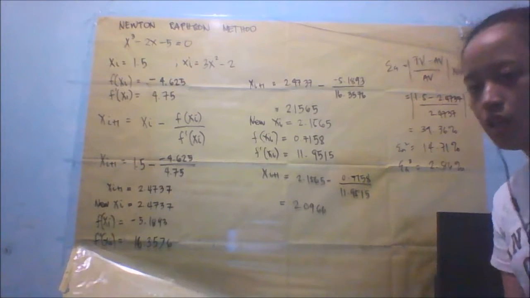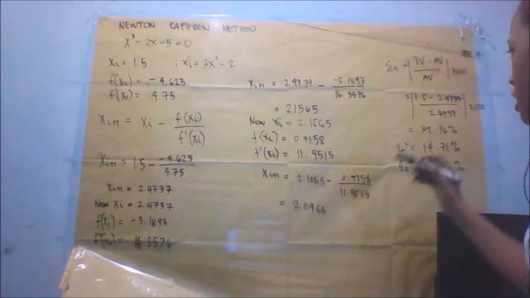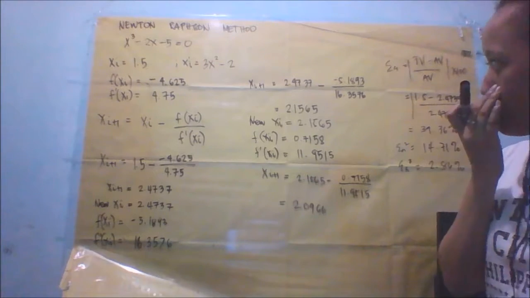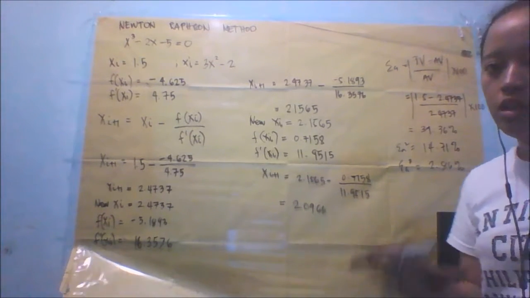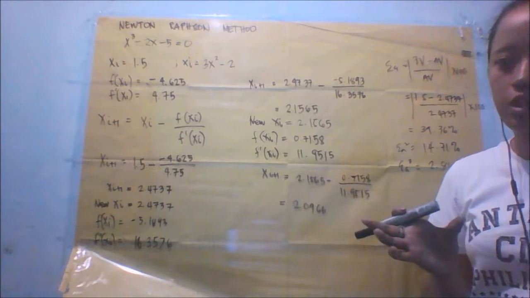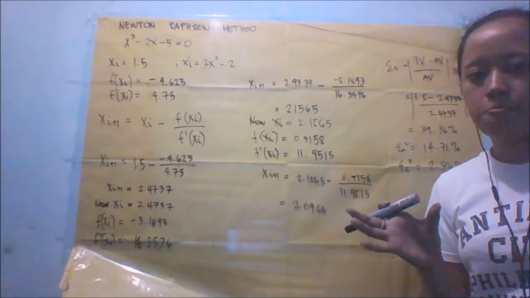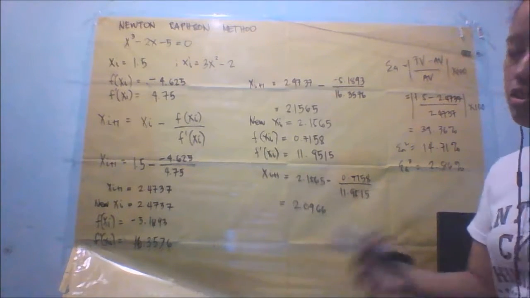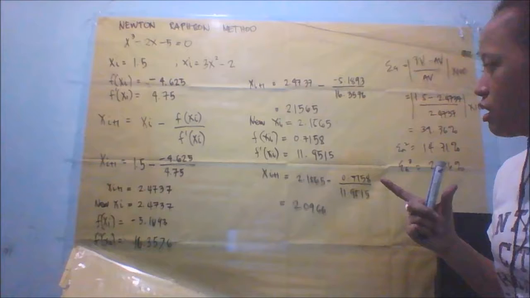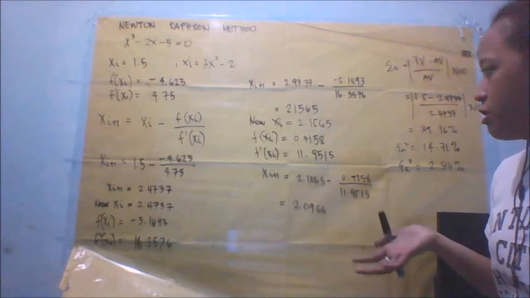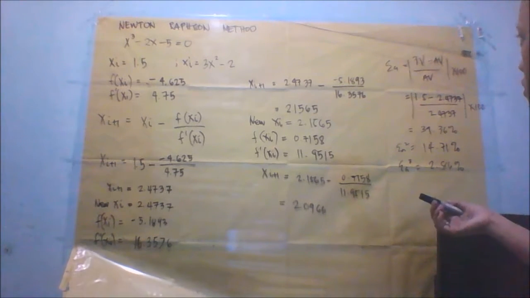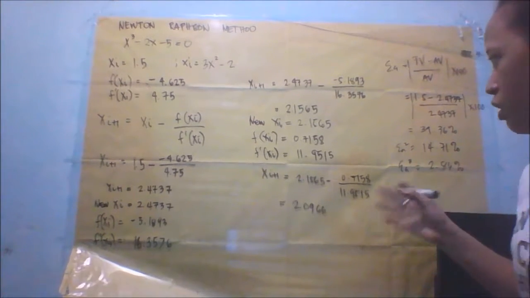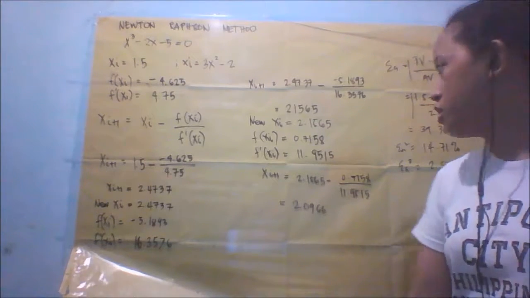It means that the value that we are getting in our xi plus 1 is approaching the true value. It says that we are near our true value.